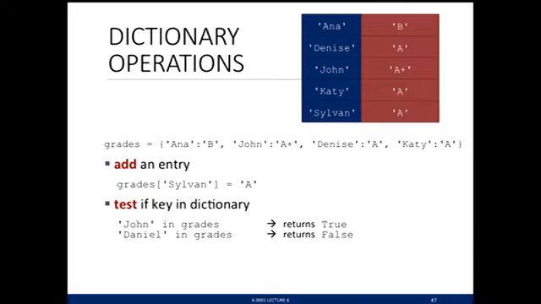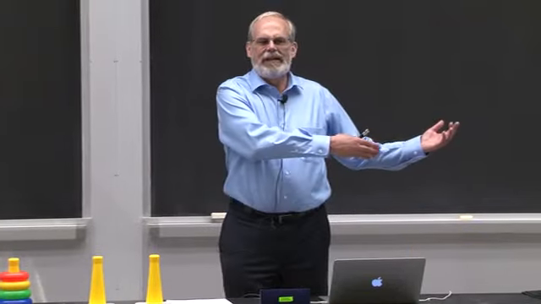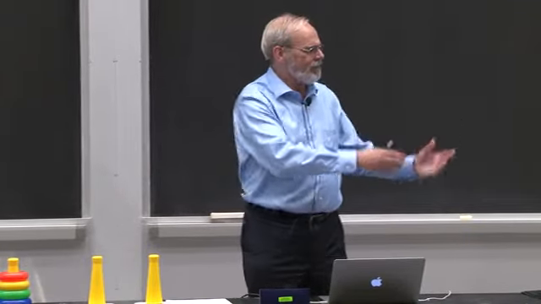And if it's not, returns false. I can remove entries. Del, something we've seen before, a very generic thing. It will delete something. And in this case, it says, in the dictionary grades, find the entry associated with that key. Sorry, Anna, you're about to be flushed. Remove it. She's only getting a B in the class and she teaches it. We've got to do something about this, right?